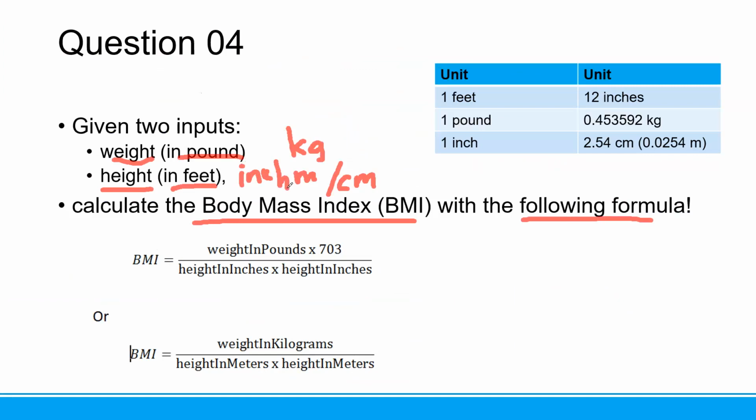Now, if we use the pound and feet or inches, this is the formula. Weight in pounds multiplied by 703 divided by height in inches multiplied by height in inches.